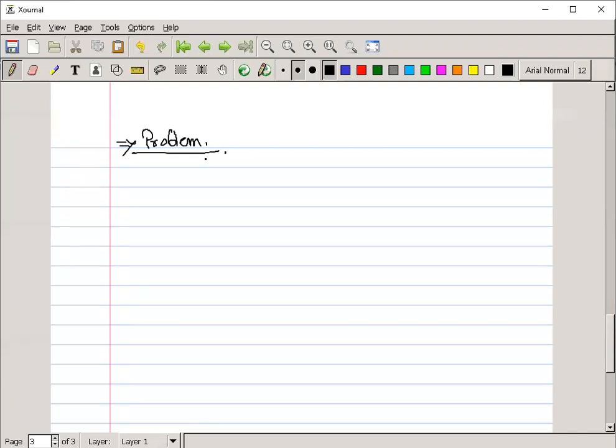Another type of problem: suppose you have a curved path as I have shown here.